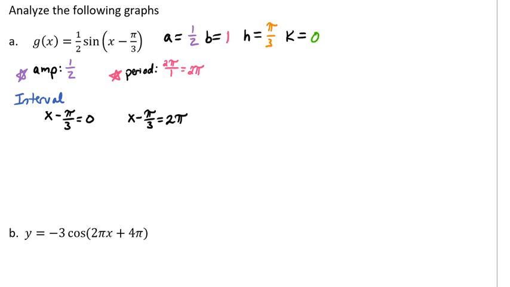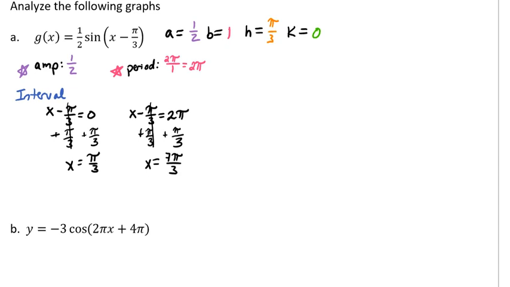From here, we will add pi over 3 to both sides, and we'll do the same thing over here in order to solve for x, which gives us that x equals pi over 3 for the beginning of our interval, and x equals 7 pi over 3 for the close of our interval.